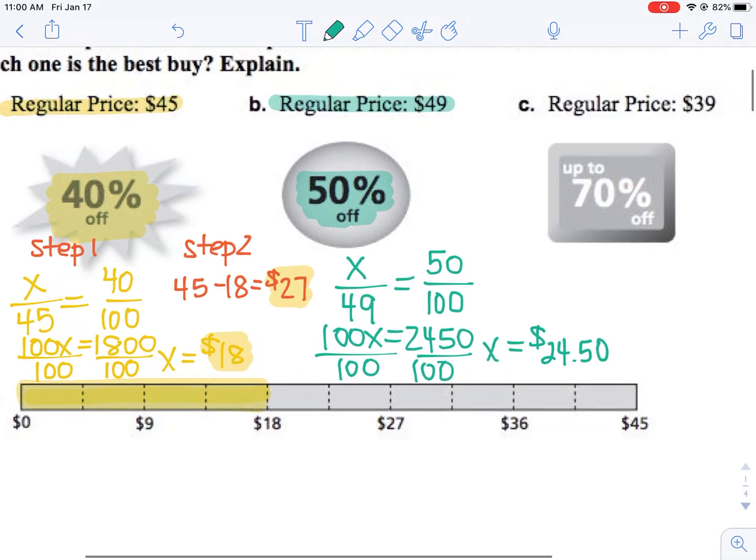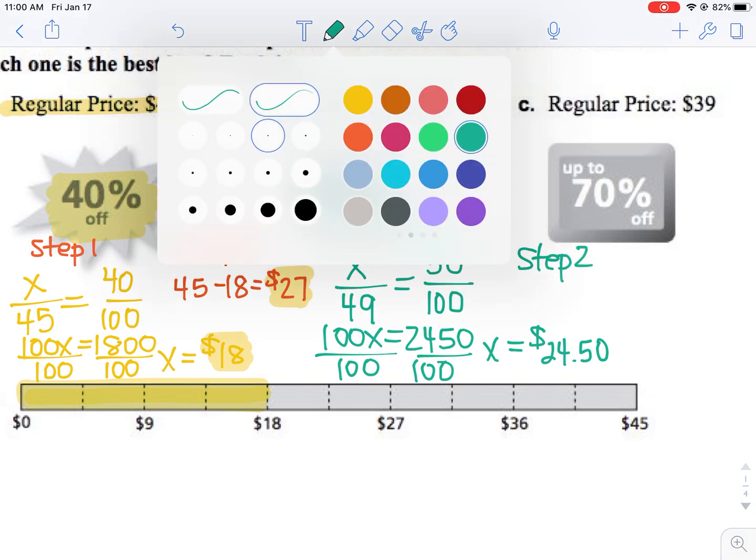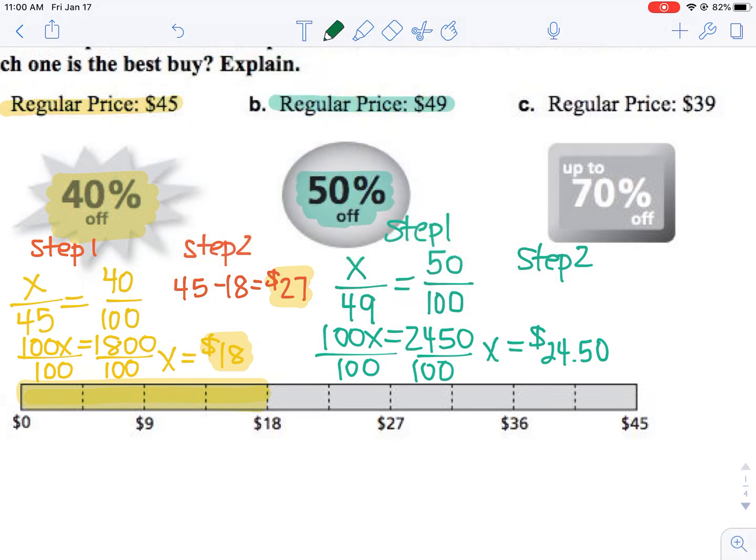And then we have a step 2. So there's step 1. Step 2. Let's get that in a different color. So we have $49, the original, minus the discount, gives us our sale price.